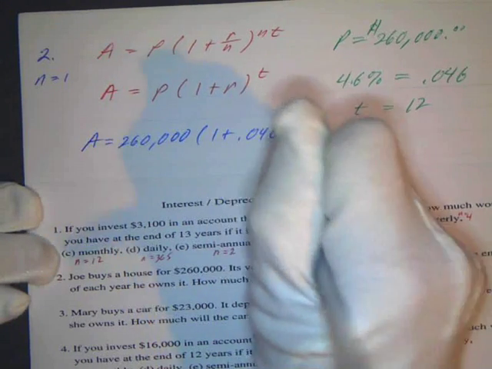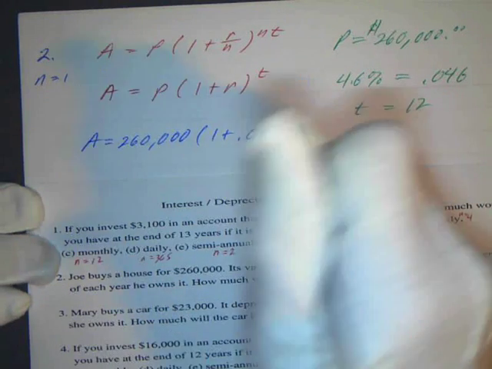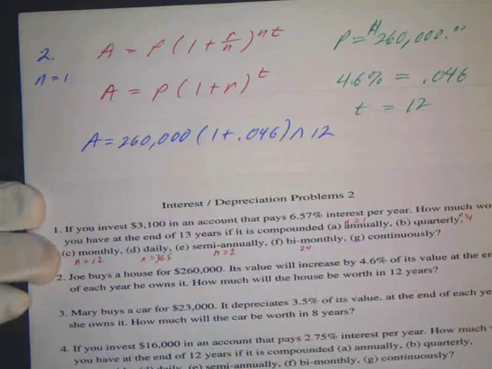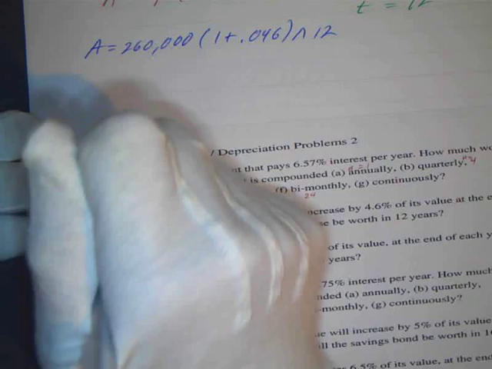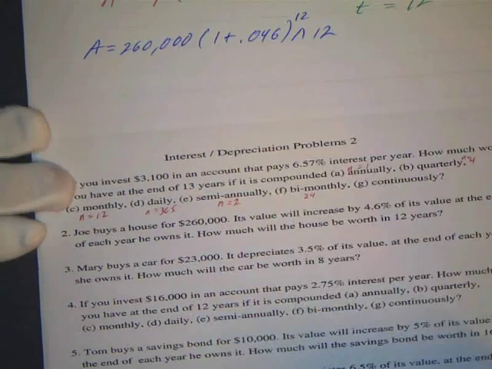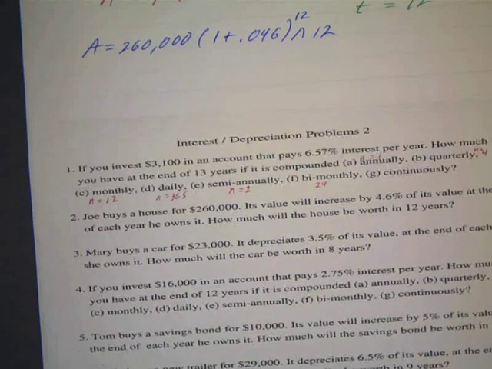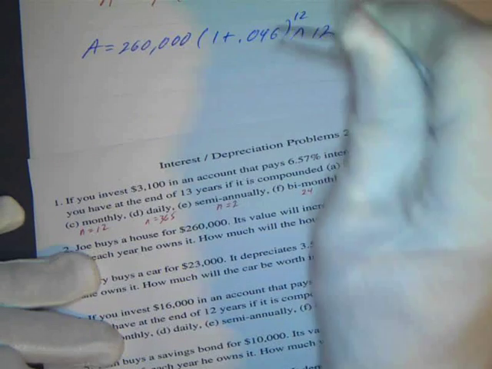Since I don't have a fraction, I don't have to worry about another parentheses, and my time was 12. So this is a lot easier to work out. And then, how am I going to put it in the calculator? Oops, should have put it here. Excuse me. So this is actually putting it in the formula, which is almost how you're going to put it in the calculator. Let me erase that caret, because that's your next step.